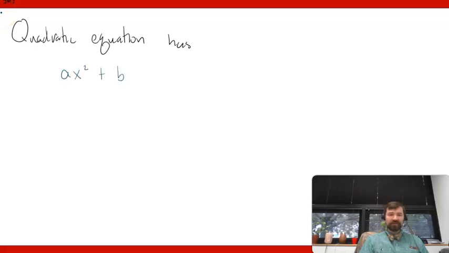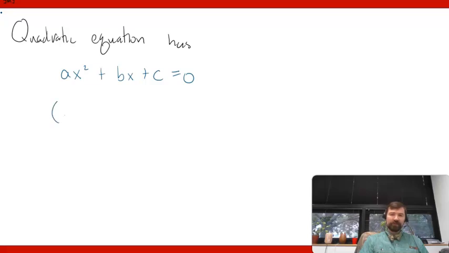So let's say that you have some sort of quadratic equation. A quadratic equation is an equation that has the form of something like a times x squared plus b times x plus c equals 0.